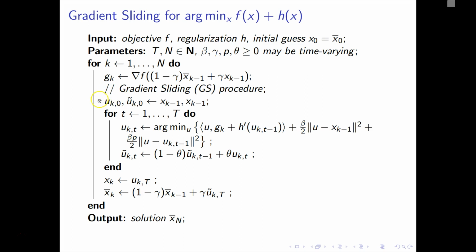In the inner loop we do the double linearization of h as I mentioned before, and we add these proximal terms to make it a proximal gradient method. Finally, we do the acceleration in the inner loop too. At the end of the outer loop, we save this u_k,t and do the acceleration in the outer loop. Finally, we output the solution xn.